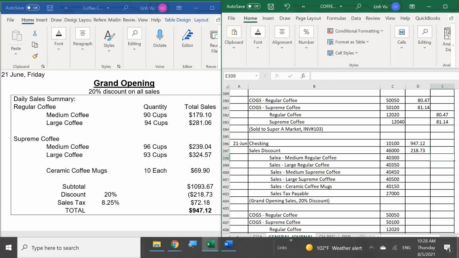Sales medium regular coffee is 179.10. The next one, large coffee, is 281.06. Next one is 239.04. Next one is 324.57. Mugs are 69.90. And your sales tax payable is 72.18.